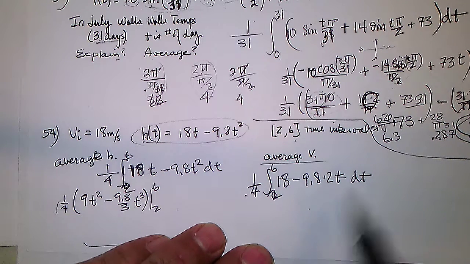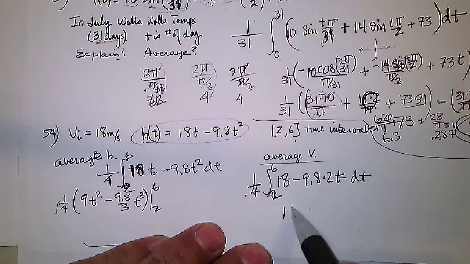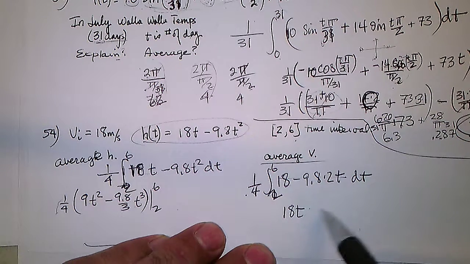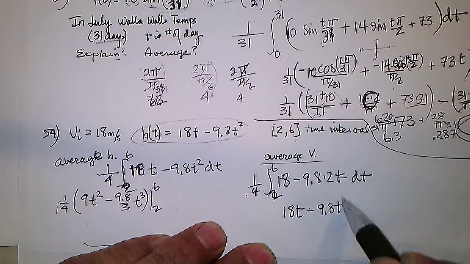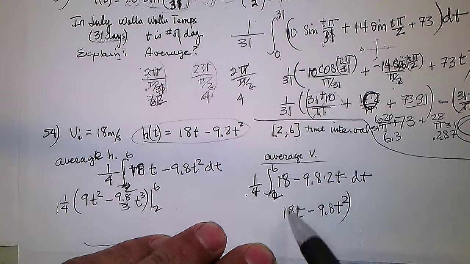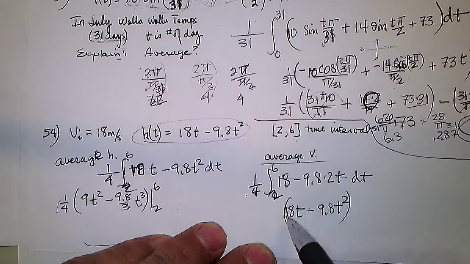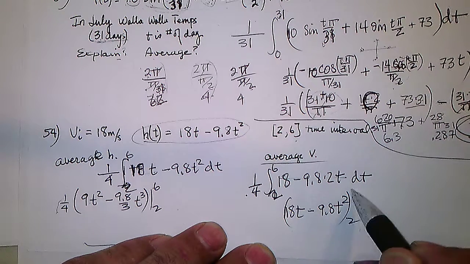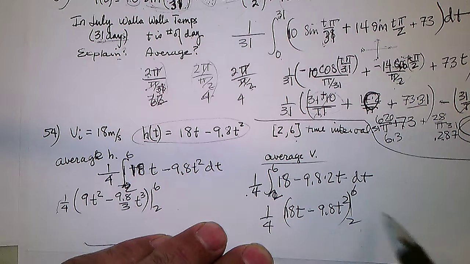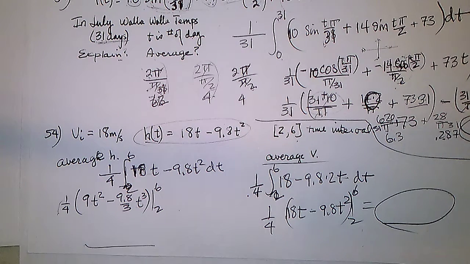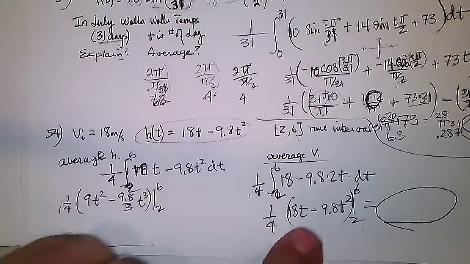So then we would integrate this, and we'd get 18t minus 9.8t squared, evaluated from 2 to 6, and take 1/4 of that, and that would give us the average velocity. Average height, average velocity.